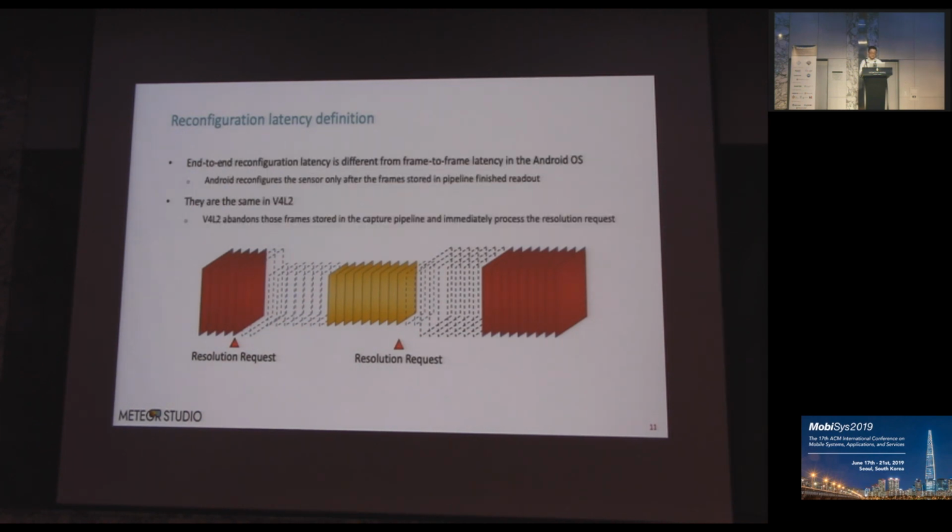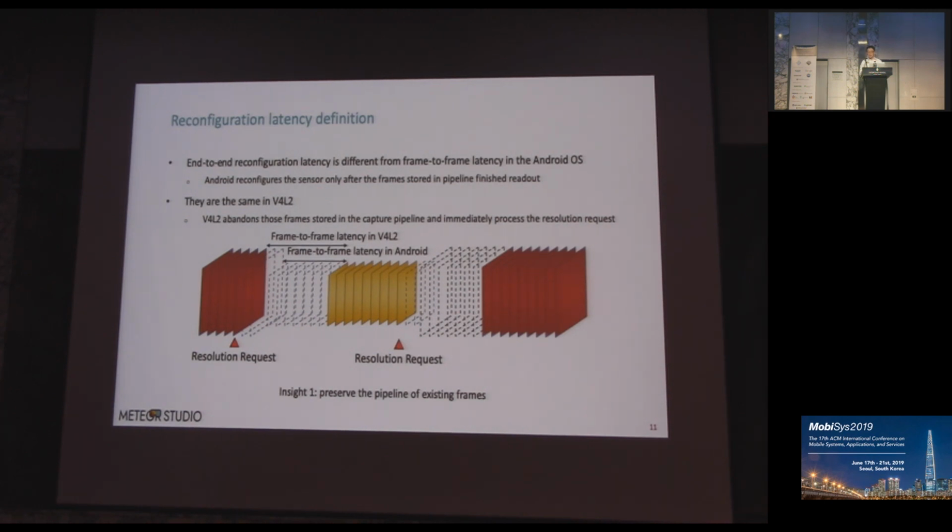We define two latencies because they are fundamentally different, especially in Android OS. Android reconfigures the sensor only after the frames stored in the pipeline for the previous resolution are processed. However, they are the same in V4L2, because V4L2 directly abandons those frames and immediately processes the resolution request. So we think Android performs the right operations here.